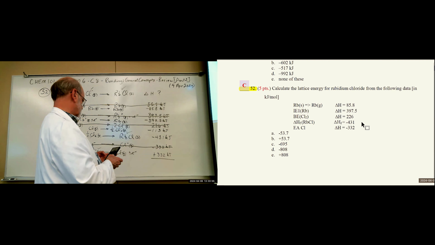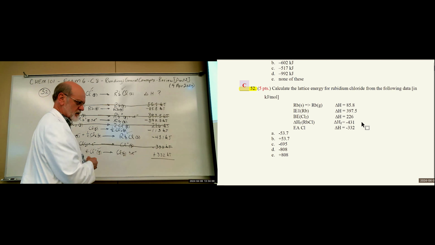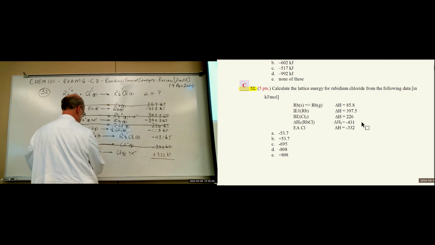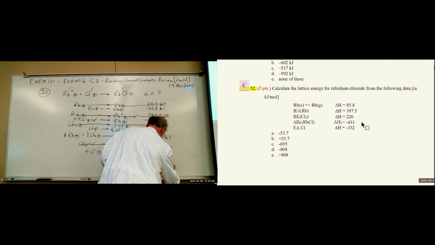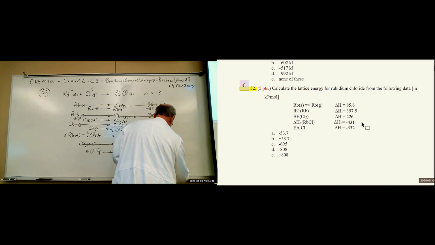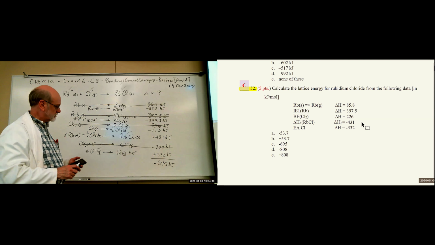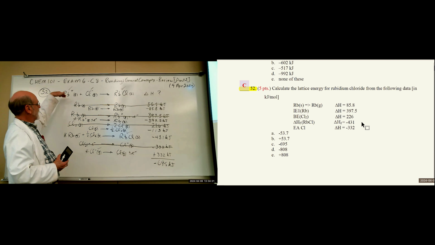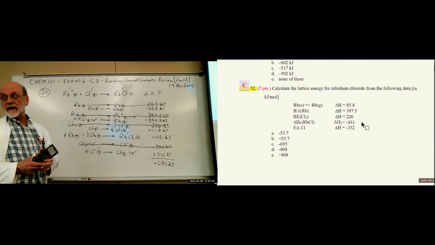So I got 695.3. Round it off, 695. That's a negative 695. Okay. That is the lattice energy for that molecule, for rubidium chloride.